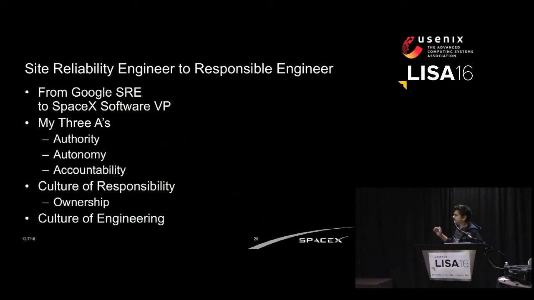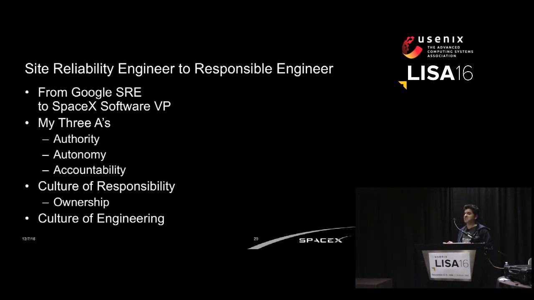So just quickly, I talk about my 3 A's a lot, which is authority, autonomy, and accountability. These are the things I'm always trying to optimize for myself, for my groups, and for an organization. Being in a role of responsibility like site reliability or DevOps, you automatically have a tremendous amount of accountability, right? When things fail, it's your fault.